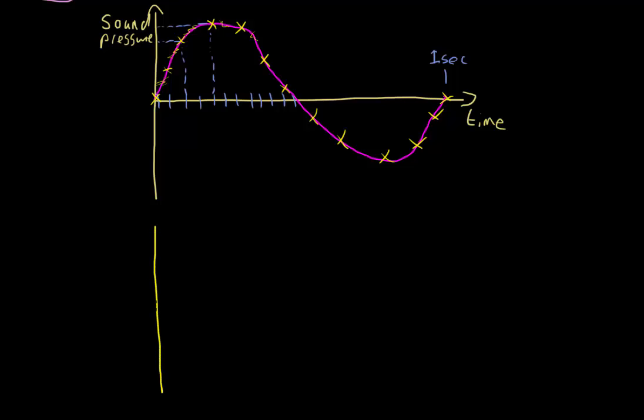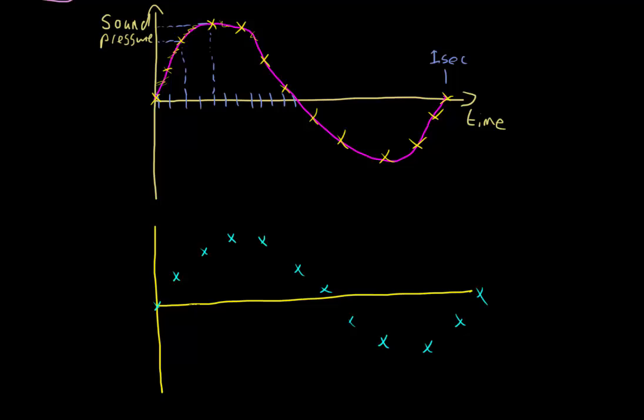So say if we were to redraw this graph and just plot our sample points, we might get a graph that looks something like this. Now that looks very similar to our original analog graph, but the difference now is we only have a finite number of values.